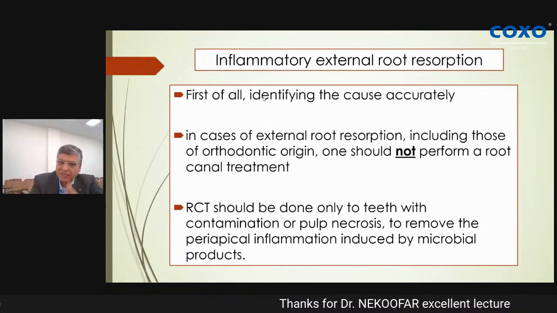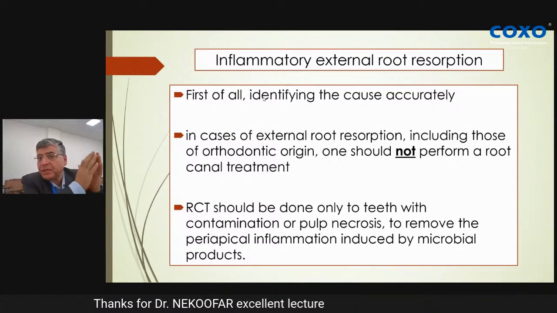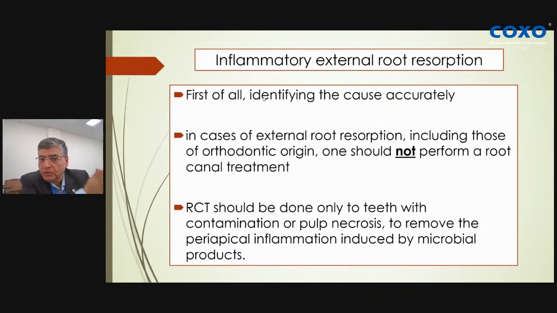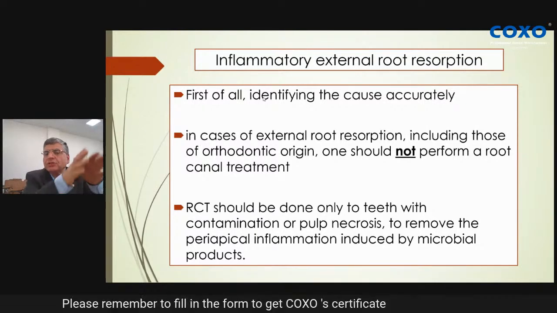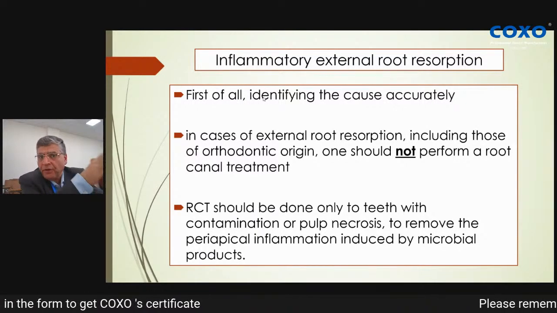Therefore, you need to remove the source of the inflammatory external root resorption, which is inside the root canal system. However, if the source and the reason of this is not inside the root canal system, there is no logic behind doing root canal treatment. Be very careful.